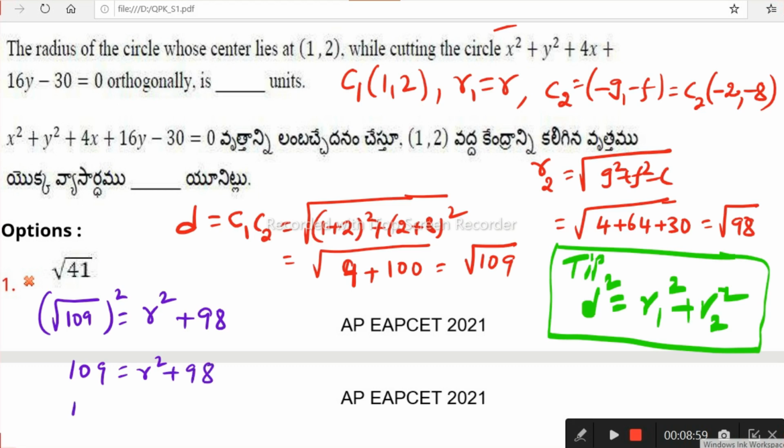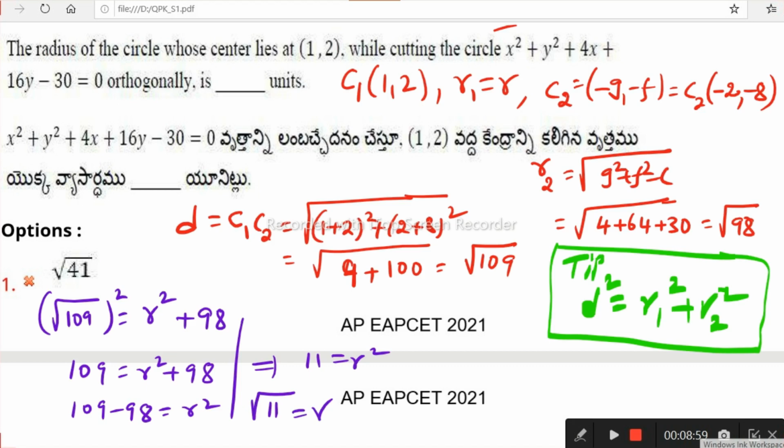I am writing this as 109 minus 98 is equal to R square. What is 109 minus 98? It is 11. We want R only, therefore R is what? Root 11. Root 11 is R, that is the radius of the required circle, right?